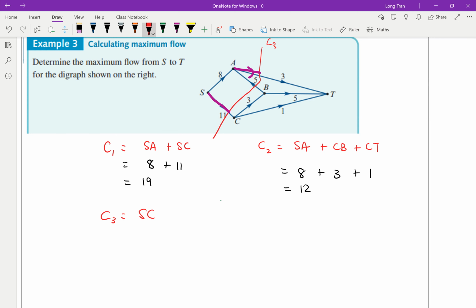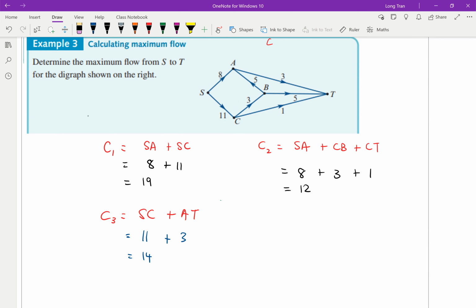So here I would say S to C plus A to T, and note that you don't include A to B in that case. This gives me S to C is 11 plus A to T is 3, so that gives me a total of 14 for that cut.